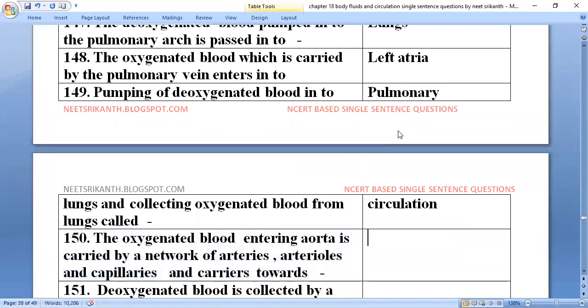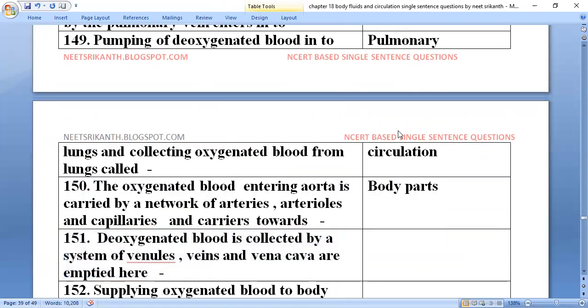The oxygenated blood entering aorta is carried by a network of arteries, arterioles, and capillaries towards body parts. Deoxygenated blood is collected by a system of venules, veins, and vena cava, and all are emptied at right atrium.